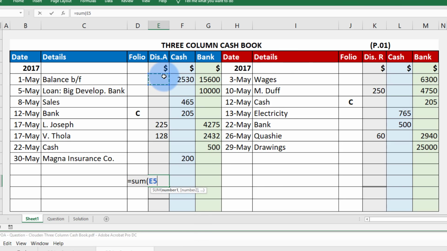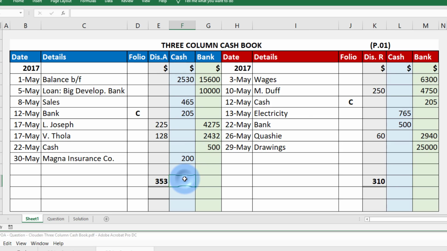I'm going to total this column here. Okay. I'm going to total across here, likewise the credit side, 310. Okay, so there you have the total for both sides.